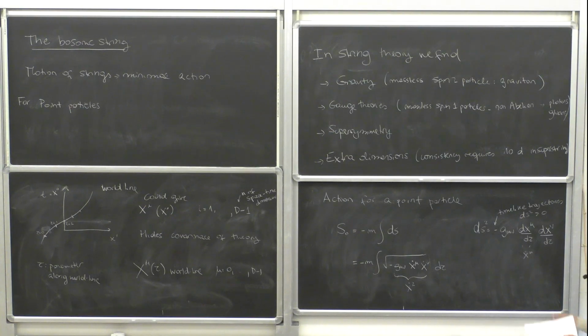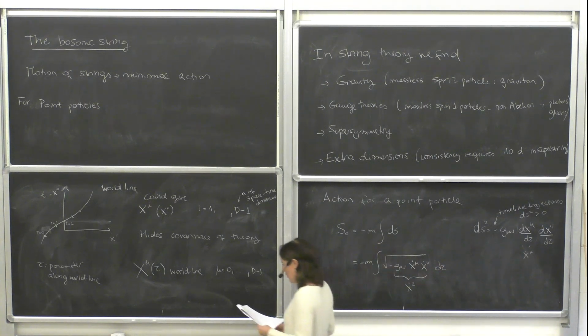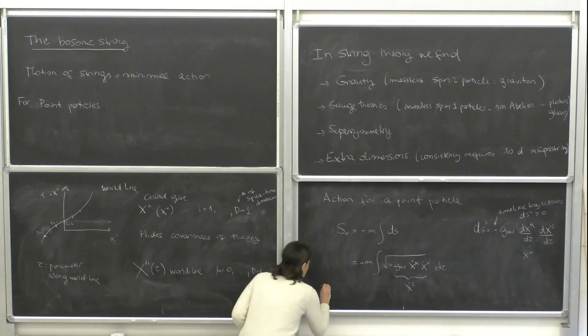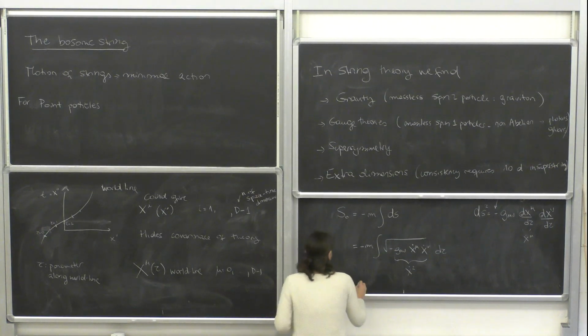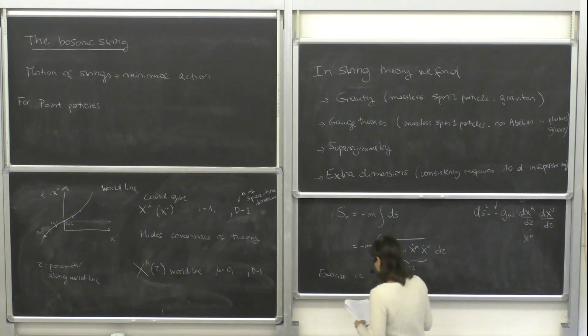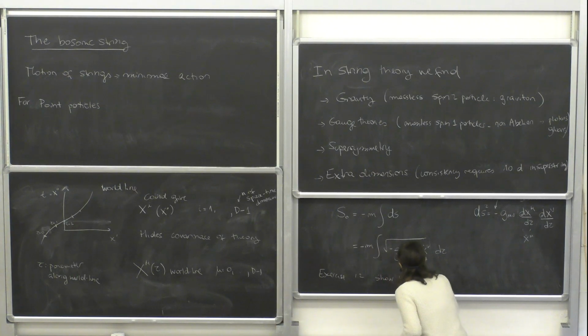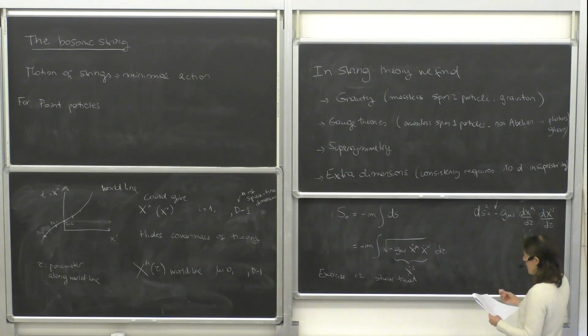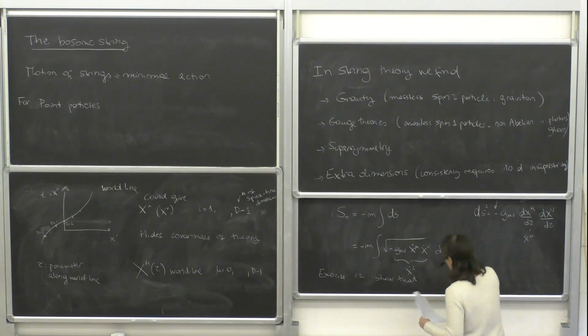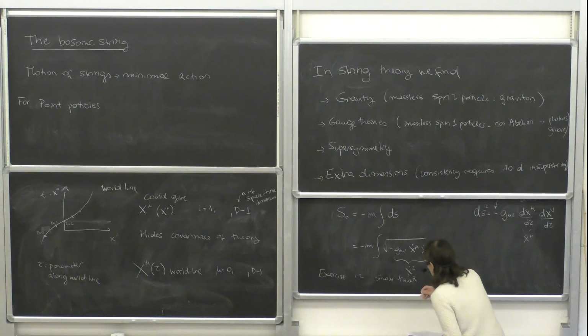And as an exercise, I'll send Stefano, and he'll send you the exercises if you want. Exercise 1.2 is to show that in the non-relativistic limit, this is the kinetic energy minus the potential energy, what it should be.